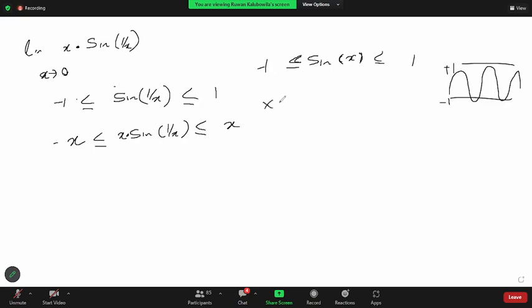Here I multiply all the terms by x. When we consider x, it might be a positive term or x might be a negative term. We are dealing inside the inequality sign.